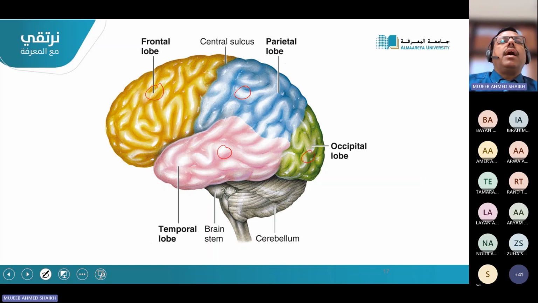Now you may be asking how I can say this area is frontal and not this area, because there is a marking here. This marking divides frontal from parietal, and this is nothing but a sulcus, a depression.